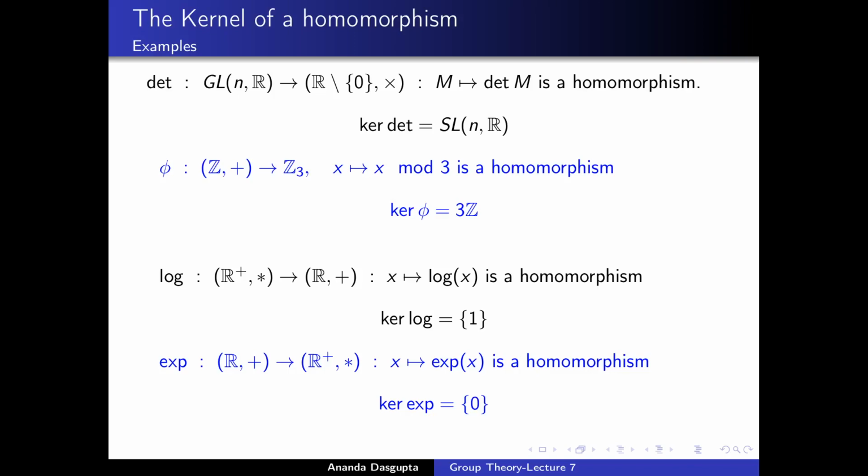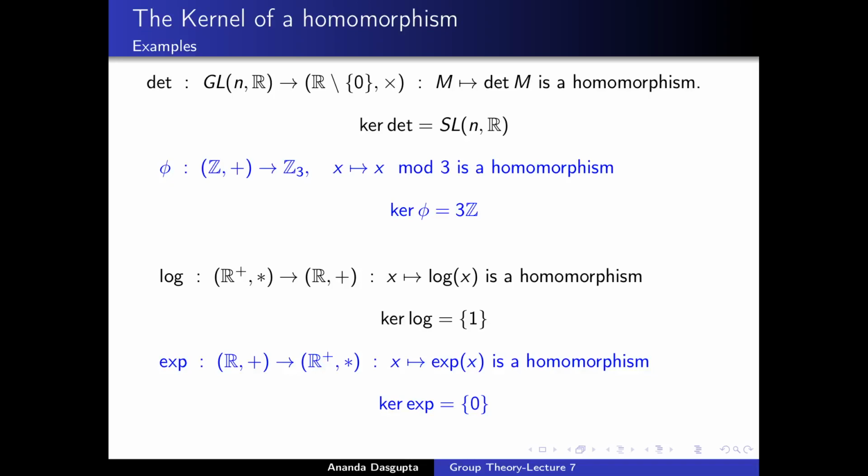So, in the four examples that we have seen so far, for each case, the kernel of a given homomorphism happens to be a normal subgroup of the domain of the homomorphism. As you must have guessed, this is not accidental.